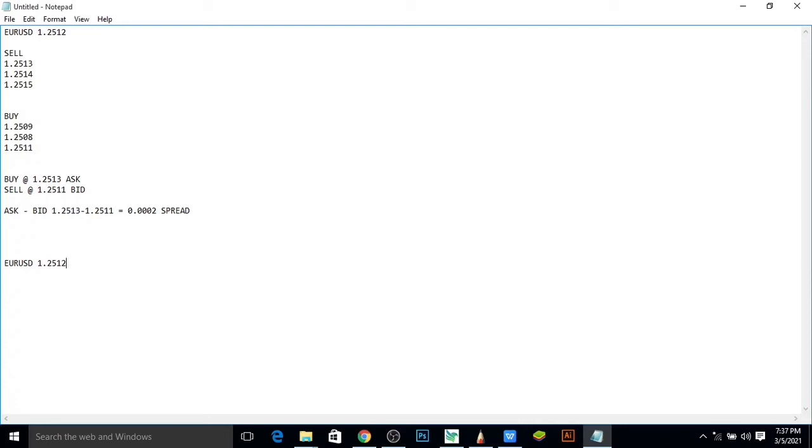Now, a simple explanation: when the price of Euro dollar moves from 1.2512 and becomes 1.2513, what has happened?